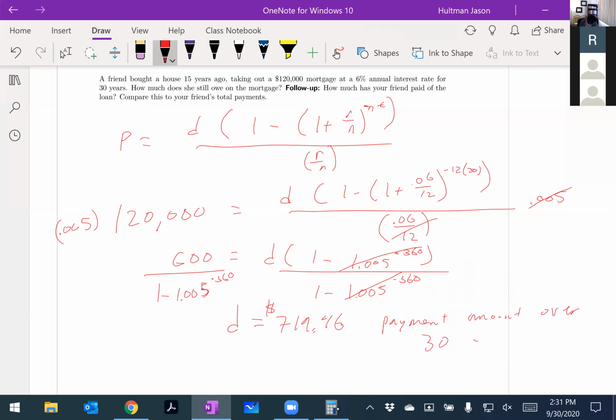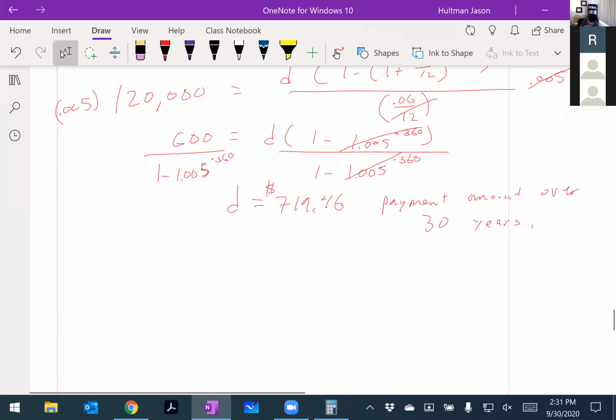So I want to know, how much is left on the house after 15 years? That would really just be at the same payment. I would want to finance this for 15 years instead of 30, so I would cut this 360 in half. What's the principal?